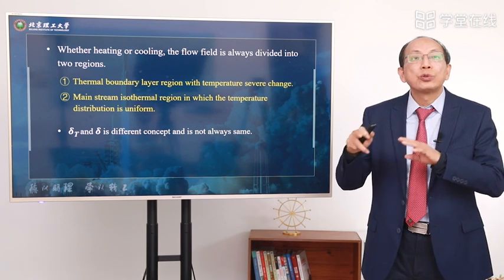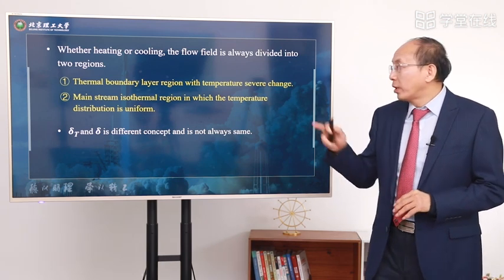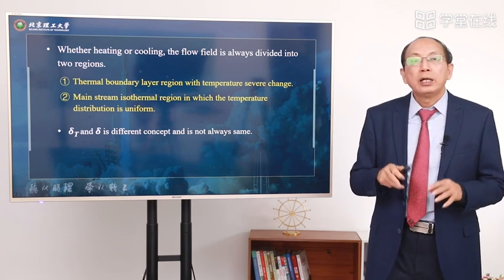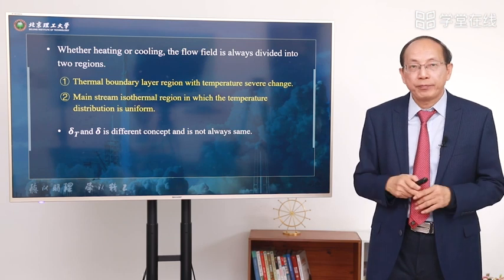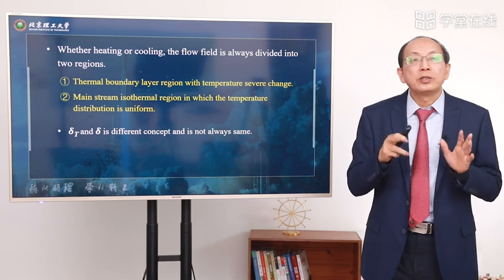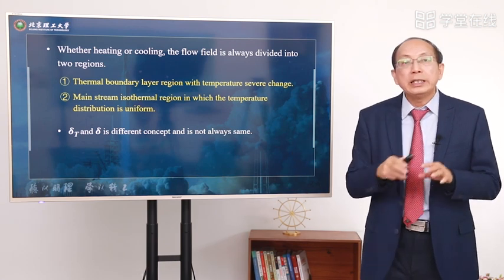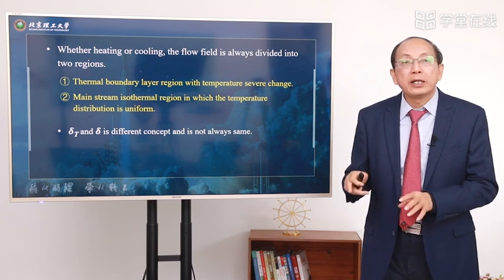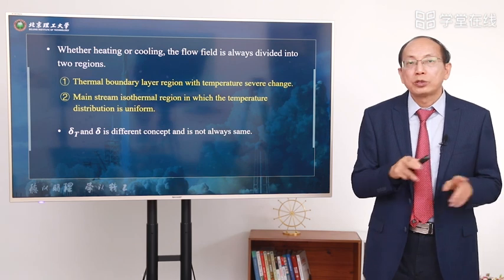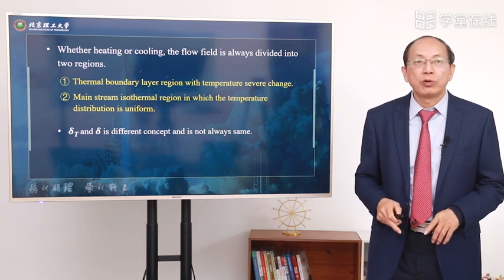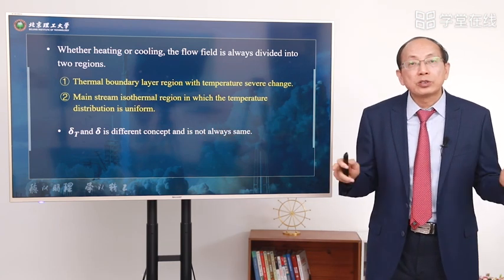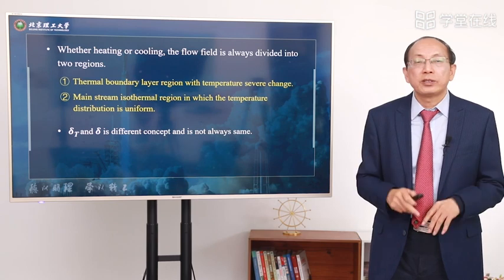Delta T and delta are different concepts and are not always the same. Delta T is the thickness of the thermal boundary layer, and delta is the thickness of the velocity boundary layer. In most cases they are different.